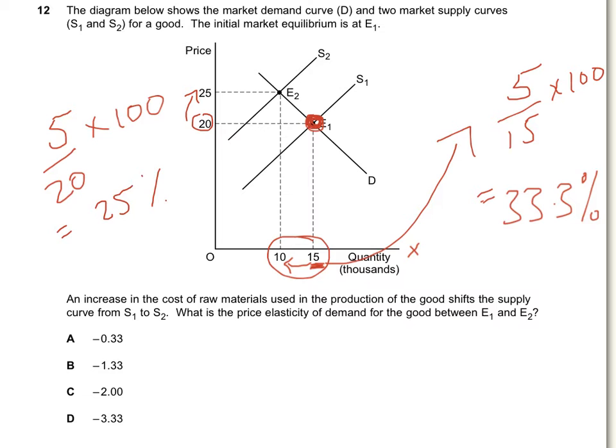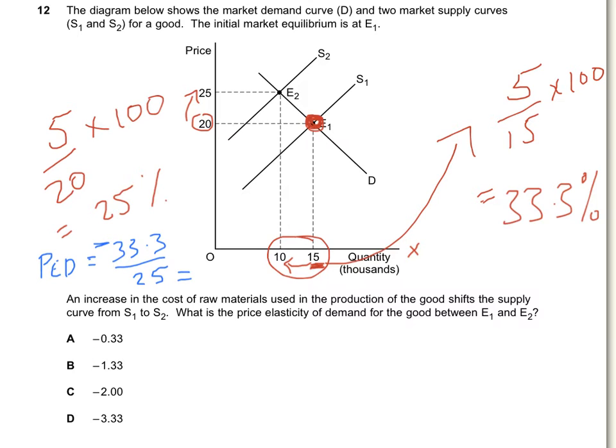Starting to look a bit messy now, but that's what you need to do on exam papers. I've just added in blue my final calculation, which is 33.3% divided by 25%, which gives you a coefficient of 1.33, giving the answer of B.